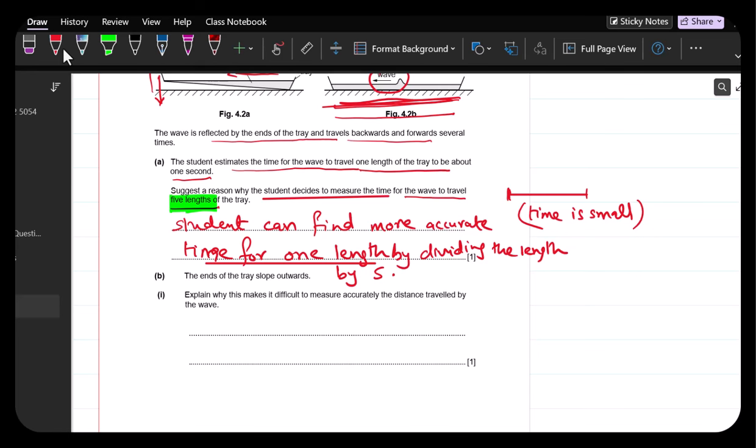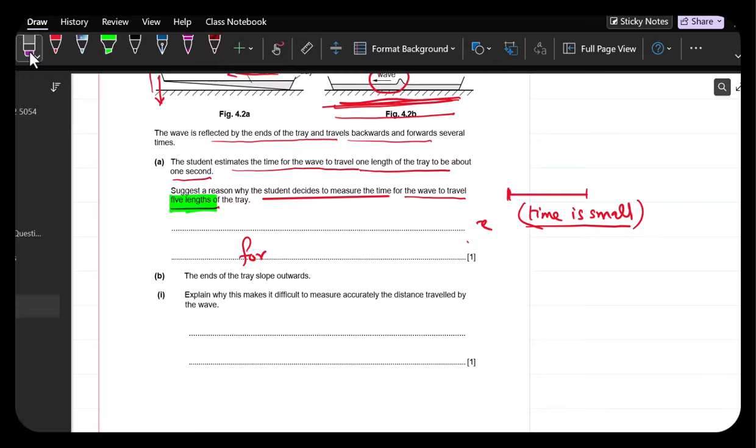If the student is going to just measure the time for one wave, then it becomes difficult. The time is very short, so large error will occur. You can write it that way as well if you are interested. I think that will be a simpler one. So I have explained to you what the cause is here.